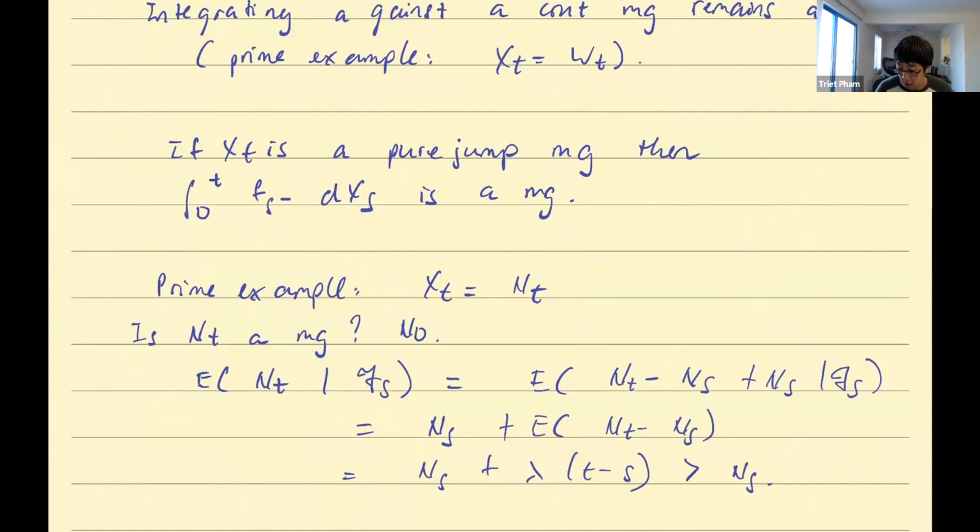But this right here actually makes it easy for you to see what is a martingale. This is called a compensated Poisson process.